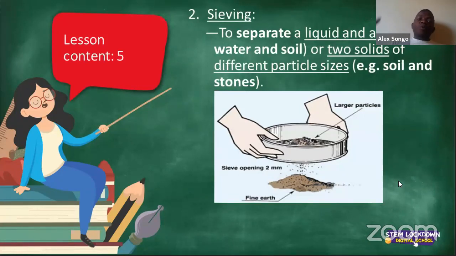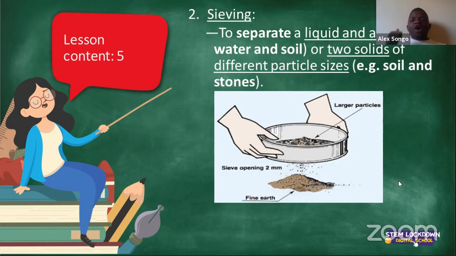Because what do we do? We take that entire mixture, we pour it onto a sieving device. The sieving device can be any cloth that has got some form of opening. What does it mean? It means that the water will pass through and only the soil will remain at the top. So what have you done? You then have water on the side, you then have soil at the top of that sieving material. As I've said, maybe it will be a t-shirt, maybe it will be a face cloth, anything.